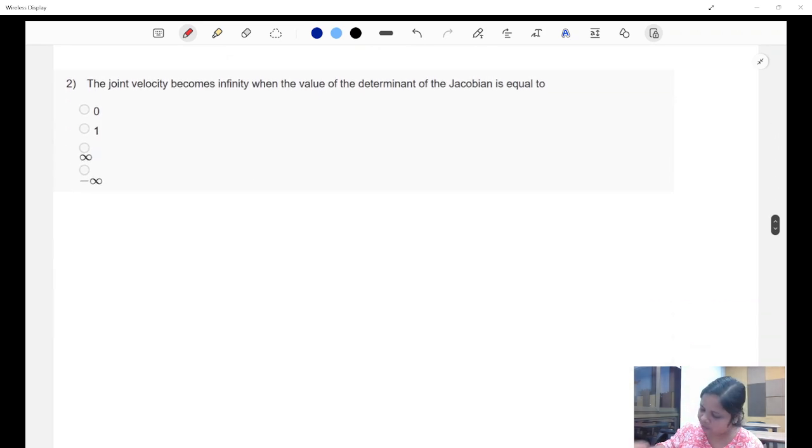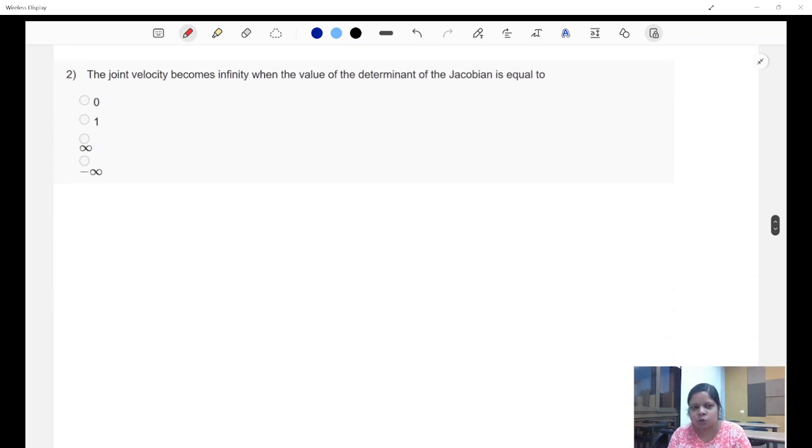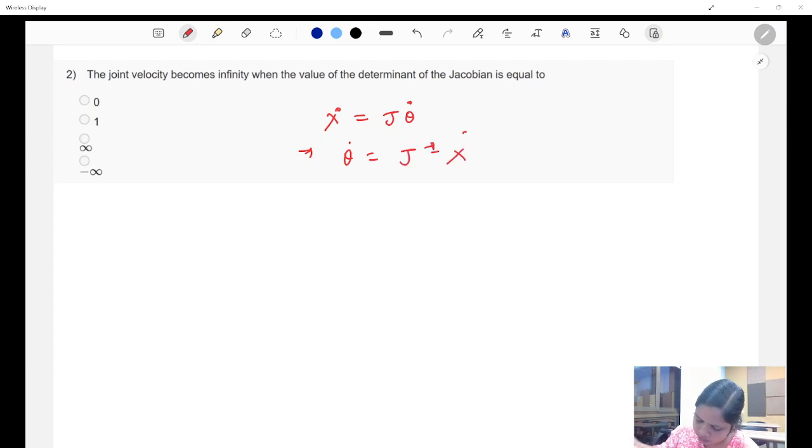Okay, let's move to the next question. The joint velocity becomes infinity when the value of the determinant of the Jacobian is equal to what? So from here you can write theta dot is equal to J inverse x dot.